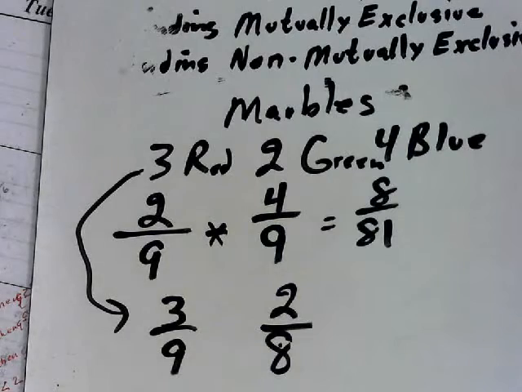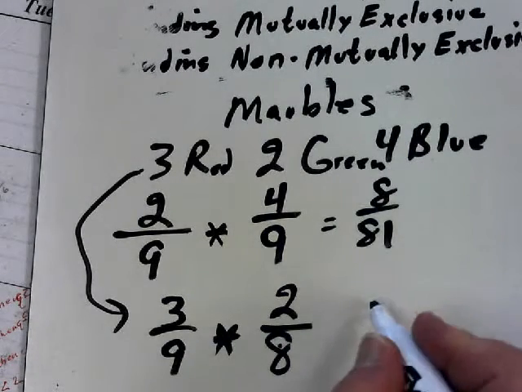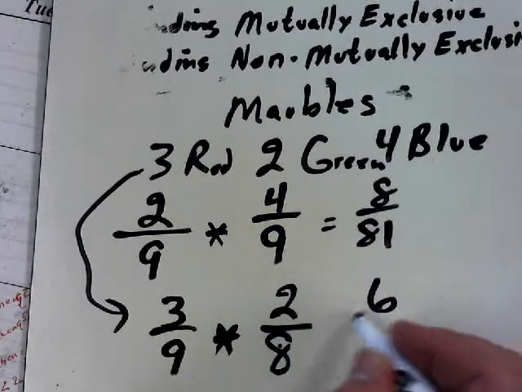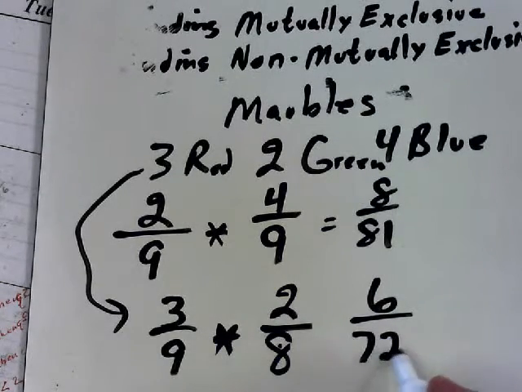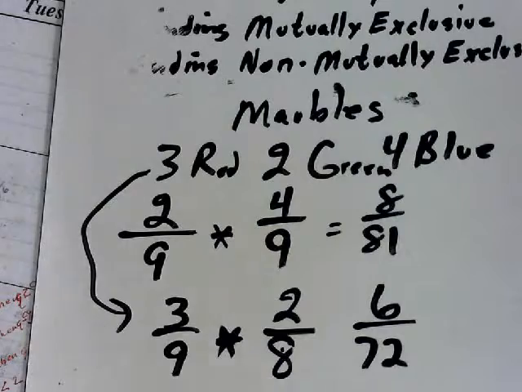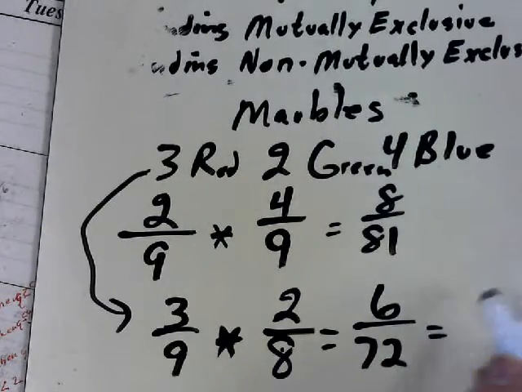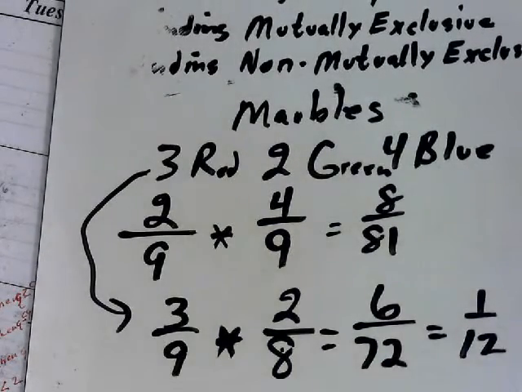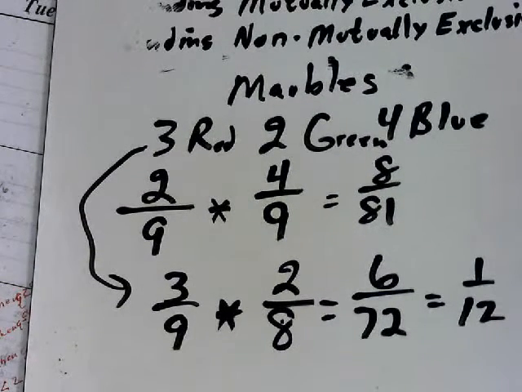It'd be 2 out of 8, wouldn't it? Which means that my total probability would be 6 over 72, which I can reduce to 1 out of 12. Okay?